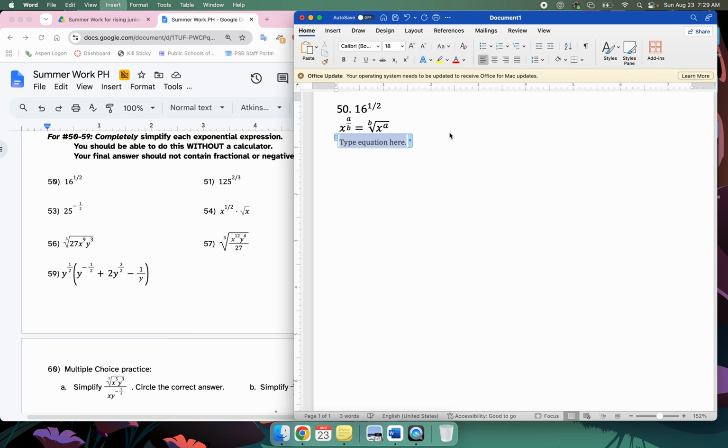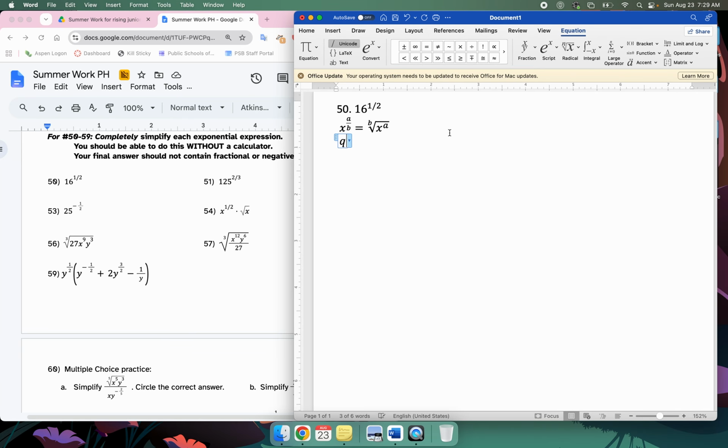In this case, 16 to the 1/2 is equal to the square root of 16 to the 1. In other words, just square root of 16, which is 4.